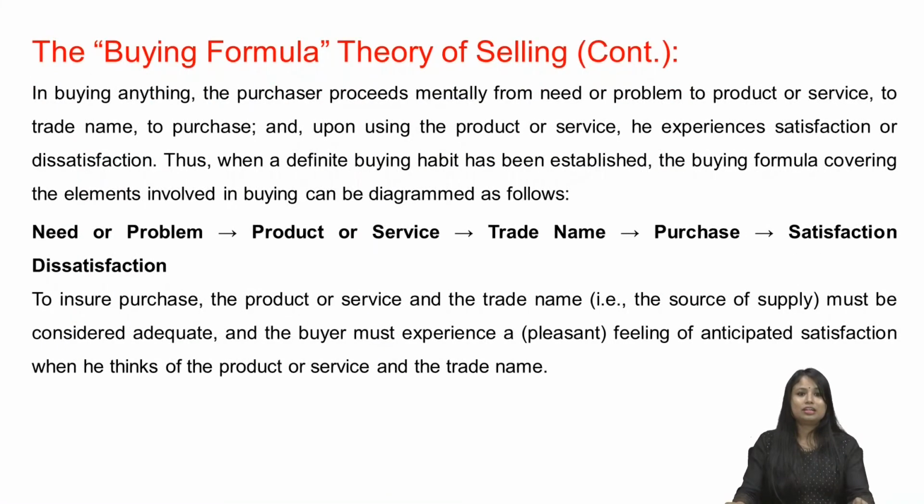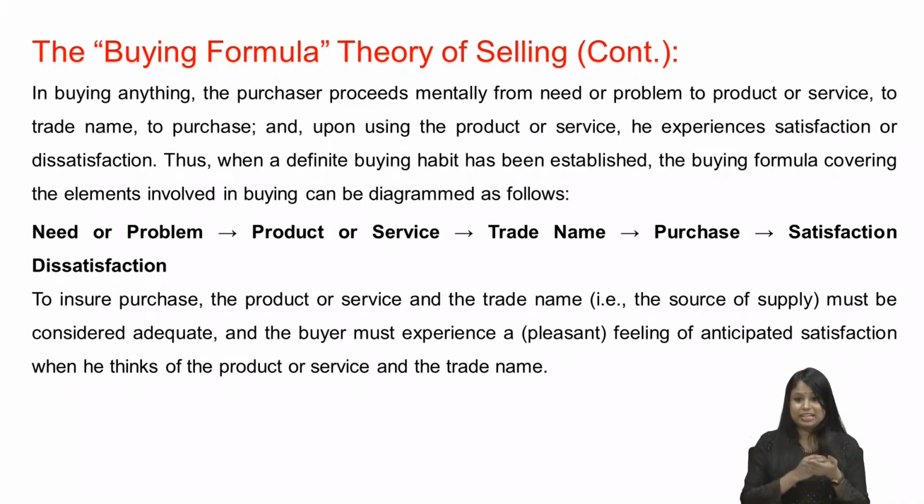Now, in buying anything, a purchaser proceeds mentally from need or problem to product or service, to trade name, to purchase, and upon using the product or service, he experiences satisfaction or dissatisfaction. Thus, when a definite buying habit has been established, the buying formula covering the elements involved in buying can be diagrammed as follows.